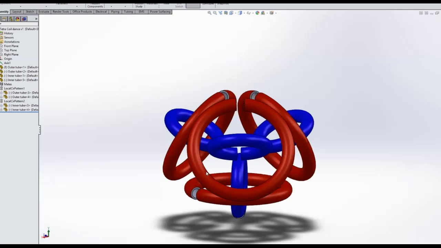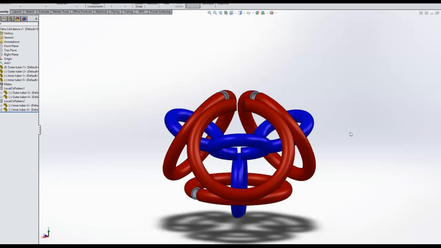But that comes from the 60-degree faces, triangular faces of the tetrahedron, which I think Buckminster was saying that that's how nature designs.